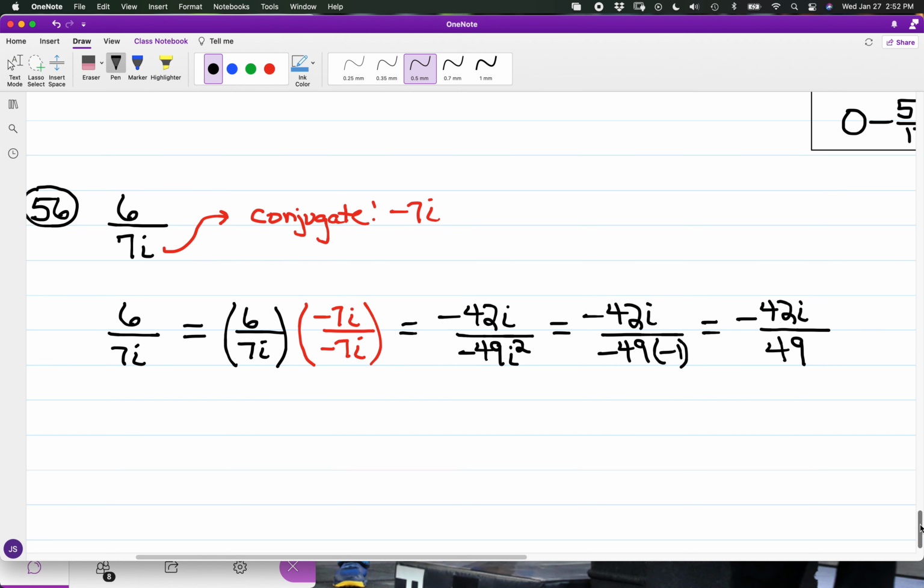And again, this ratio can be simplified. We're going to have that 7 be reused, and 7 is going to be the greatest common factor of the numerator and denominator. So for negative 42i, we have 7 times negative 6i, and for 49, again, we have 7 times 7.